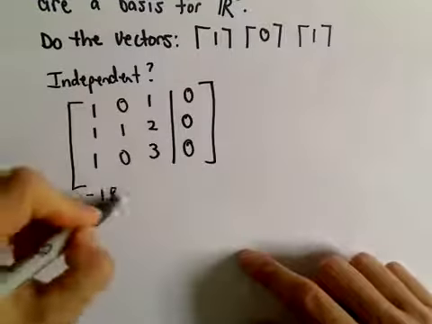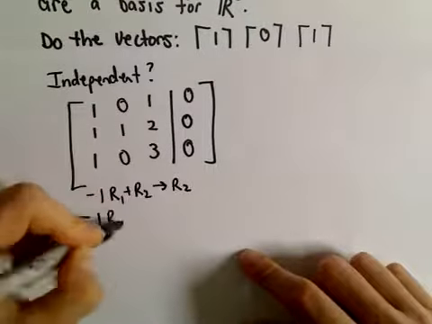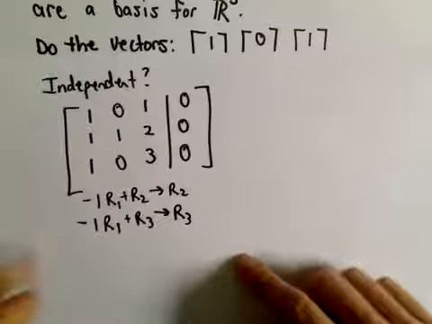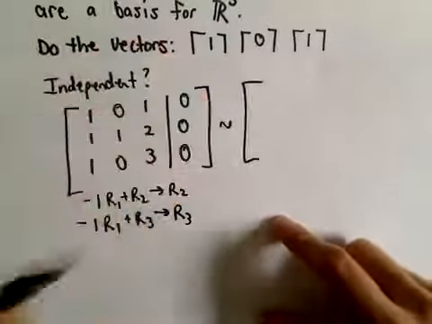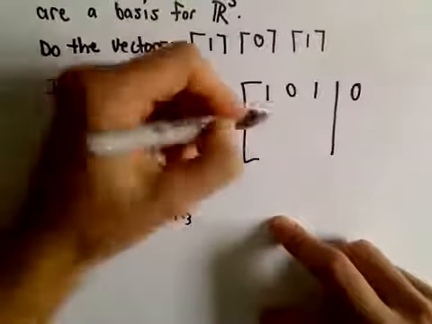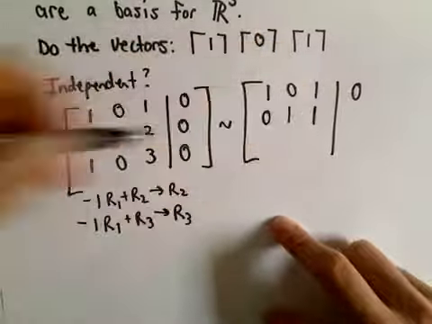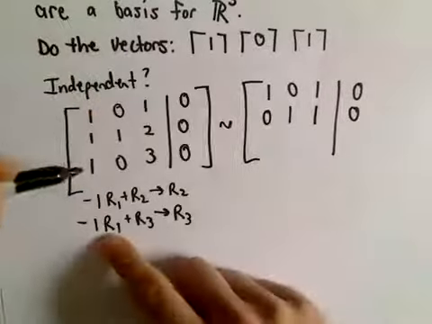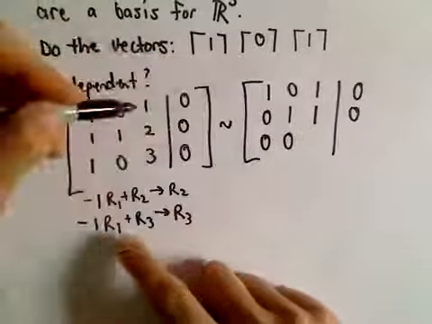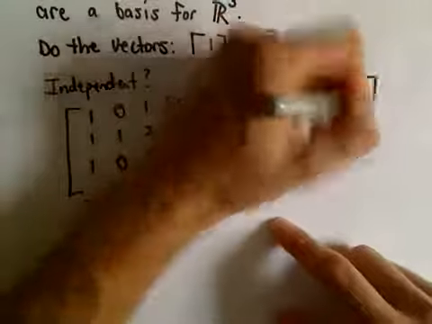So I'm going to do -1 times row 1, add that to row 2 to get my new row 2, and then -1 times row 1, add that to row 3 to get my new row 3. We'll leave the first row alone, 1, 0, 1, 0. So -1 plus 1 is 0, 0 plus 1, then -1 plus 2 is 1, and then a 0. If we do -1 plus 1, again that's 0, we'll have 0 plus 0, then -1 plus 3, which is 2, and again just a 0.